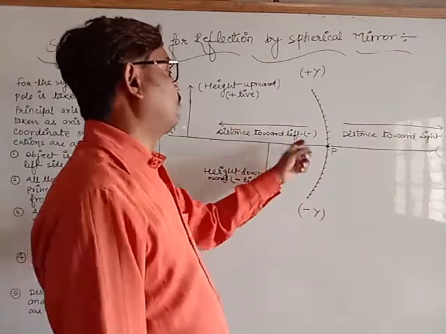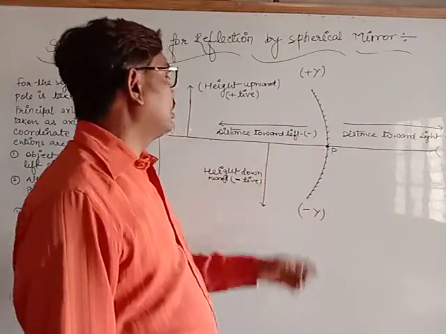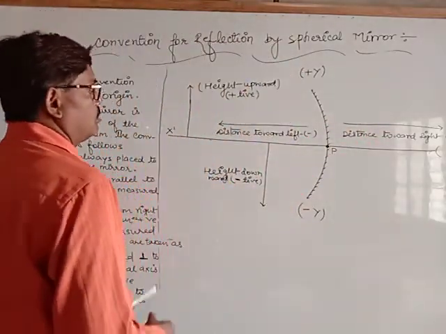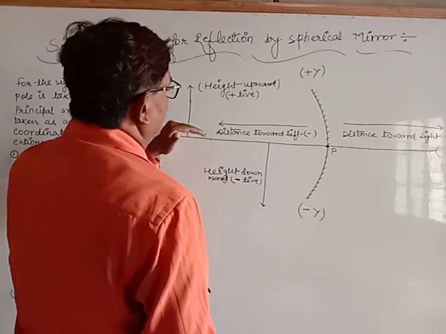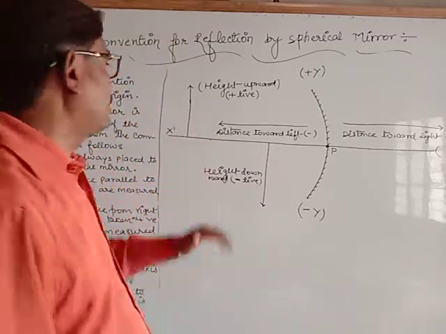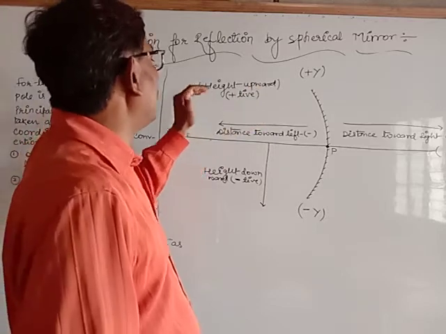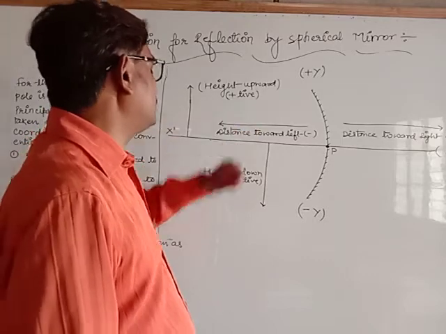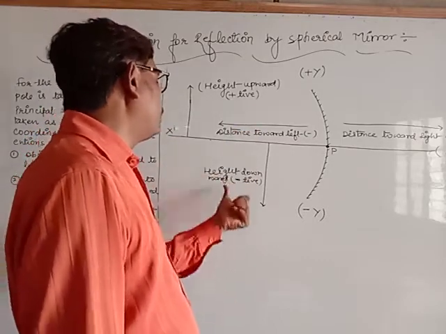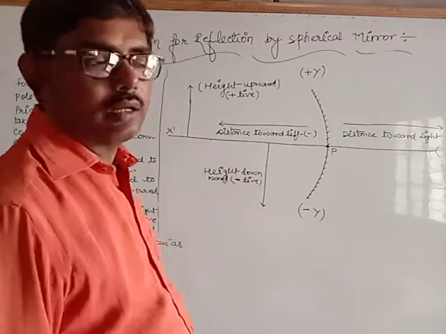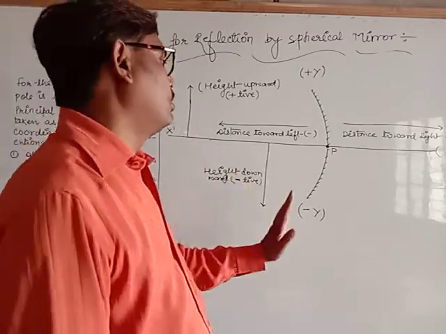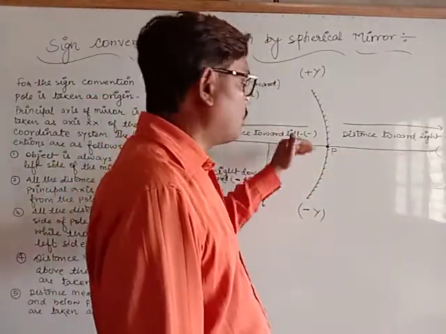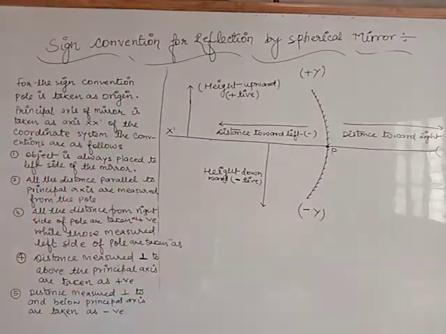Distance toward the left from the pole is taken negative. Height upward from the principal axis is always taken positive, and height downward is always taken negative. So: rightward positive, leftward negative, upward positive, downward negative from the origin.